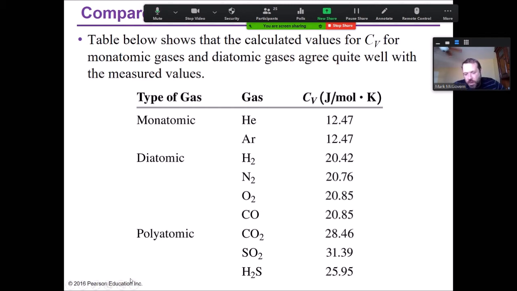As you can see here, we got a big spread of values among standard polyatomic things, and it really comes down to the fact that vibrational things start to play a role, and that just makes everything very complicated because now you've got to think about moments of inertia and all kinds of crazy stuff that go with that. Still fun, not as easy though.